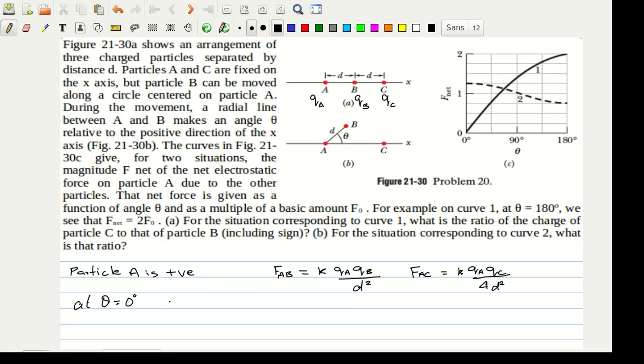So the net force on particle A is k times qa times qb divided by d squared, plus k times qa qc by 4d squared.